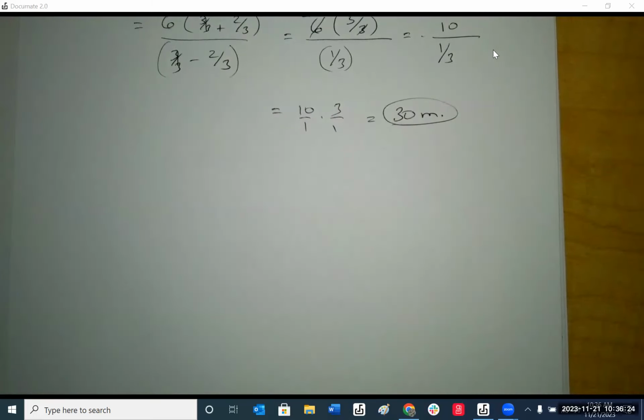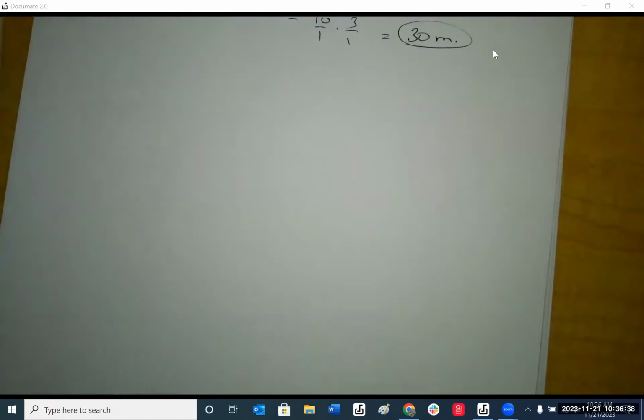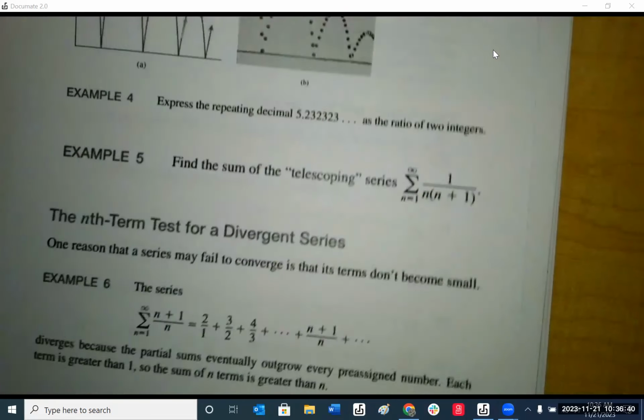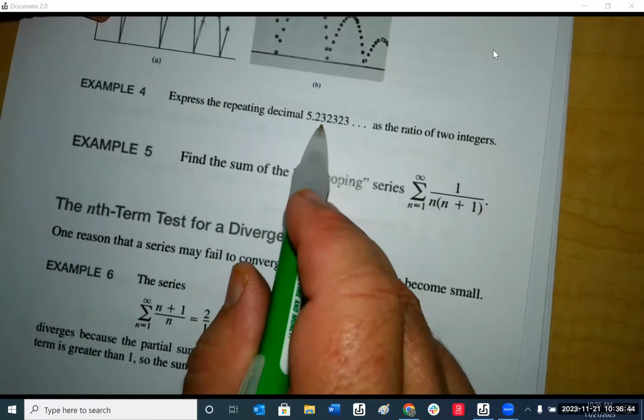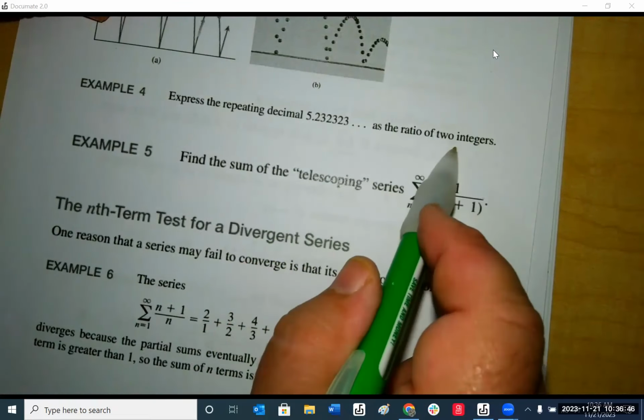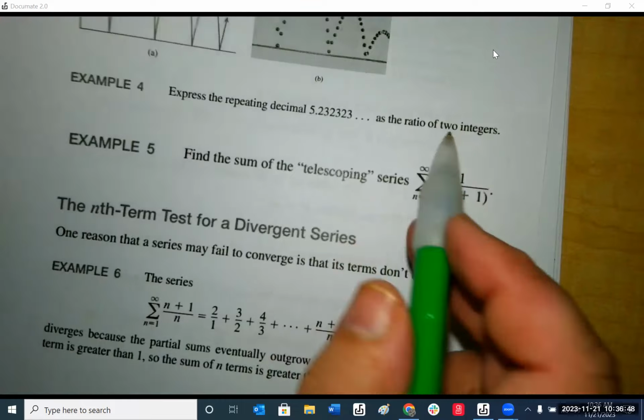Where's my example sheet? Where's my example? Oh, there it is. All right. So example 4. Express the repeating decimal 5.232323 as a ratio of 2 integers.